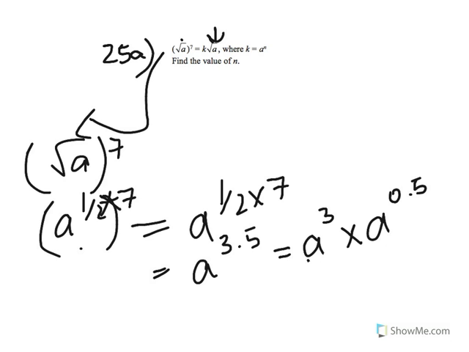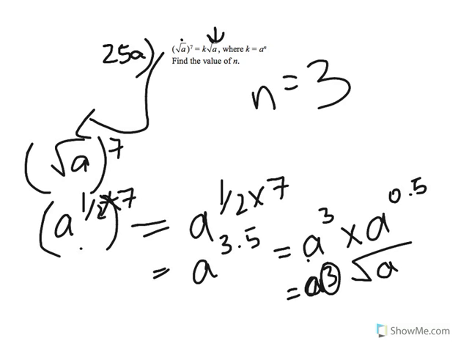So I basically split it up. Now I've got a to the power of 3, and a to the power of 0.5 can be written as root a. So now we know that k is a to the power of n. Here's your a, and n is your 3. So that means that n is equal to 3.